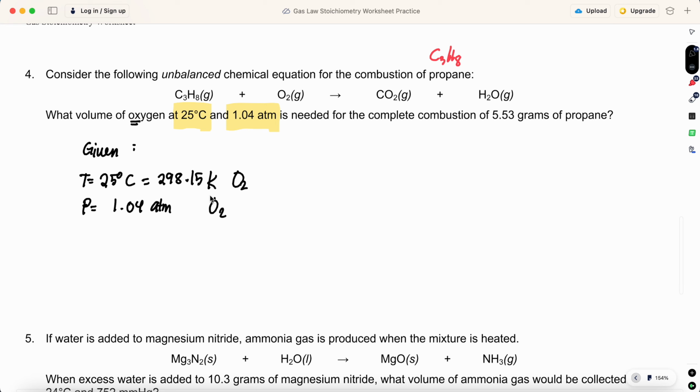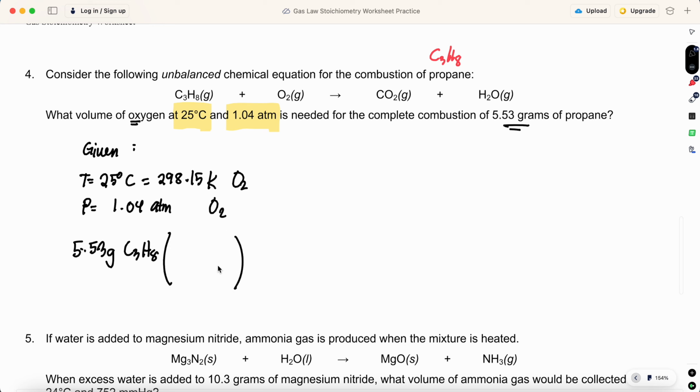This is non-STP because the temperature and pressure are given in the problem. Then we have 5.53 grams of propane, 5.53 grams of C3H8. So from here, we will use stoichiometry to solve for what? The mole of oxygen gas.